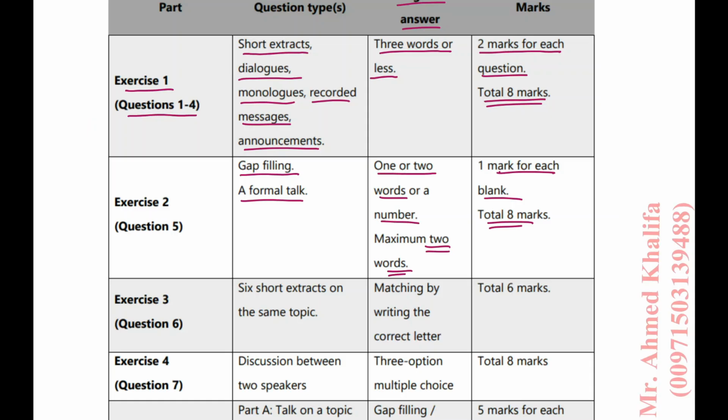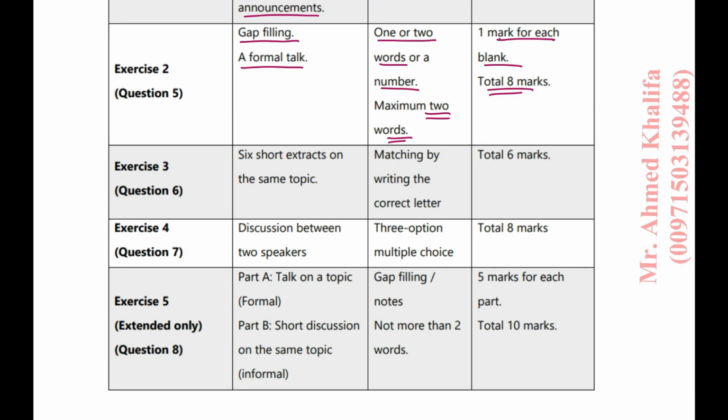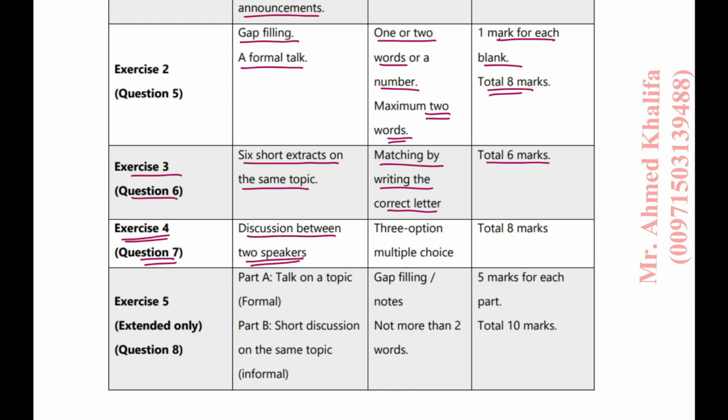What else? Then we have got exercise number 3, question 6. 6 short extracts on the same topic, matching by writing the correct letter. Total 6 marks. Then we have got exercise number 4, question 7, discussion between 2 speakers. 3 option multiple choice, total 8 marks.